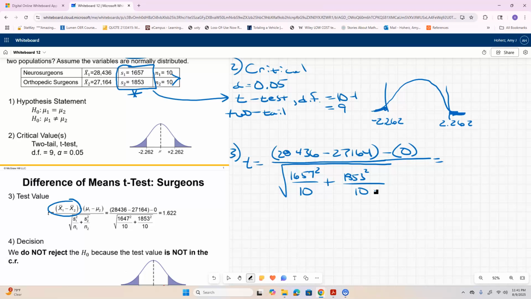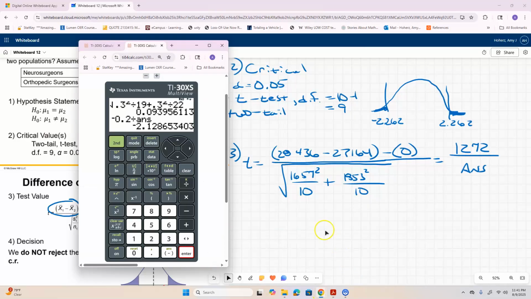And so our top number, 28,436 minus 27,164 is 1272. And we're going to divide that by the answer. And for one last time in this chapter, we'll pop up our calculator.